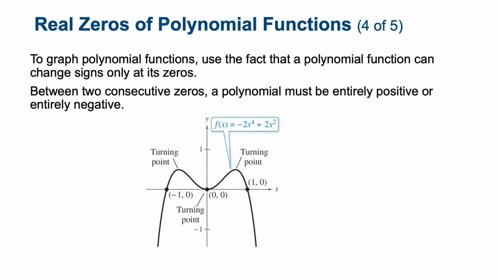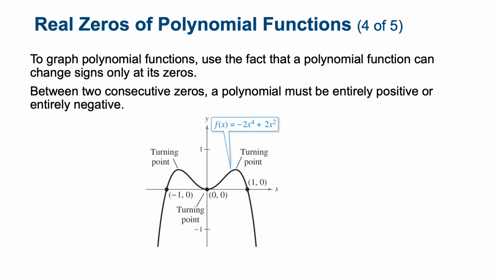There's no other place where they're crossing and changing signs. It's all positive or all negative. So in this case, it's all positive, and then between these two zeros, it's still all positive. If there was another zero over here, it would be entirely negative.